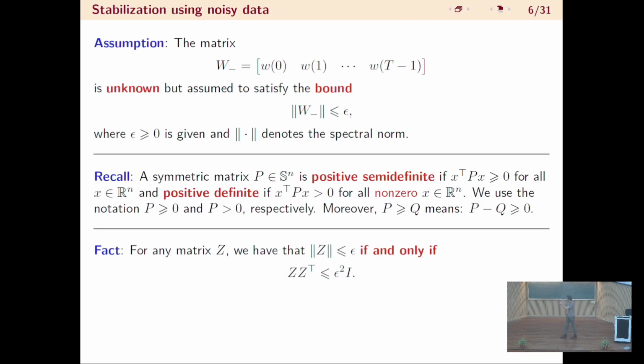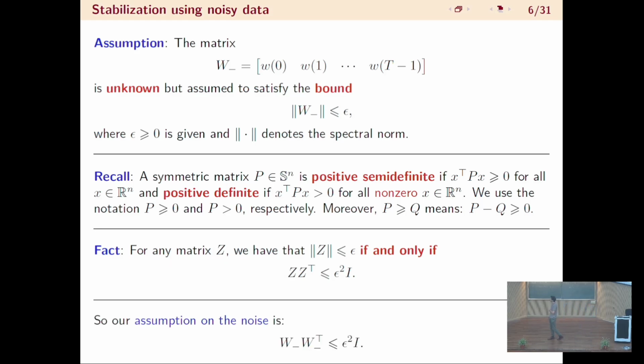In fact, the norm of Z is less than or equal to epsilon if and only if Z times Z transpose is less than or equal to epsilon squared times the identity, which means epsilon squared times the identity minus Z Z transpose is positive semi-definite. We'll work with this condition later on.